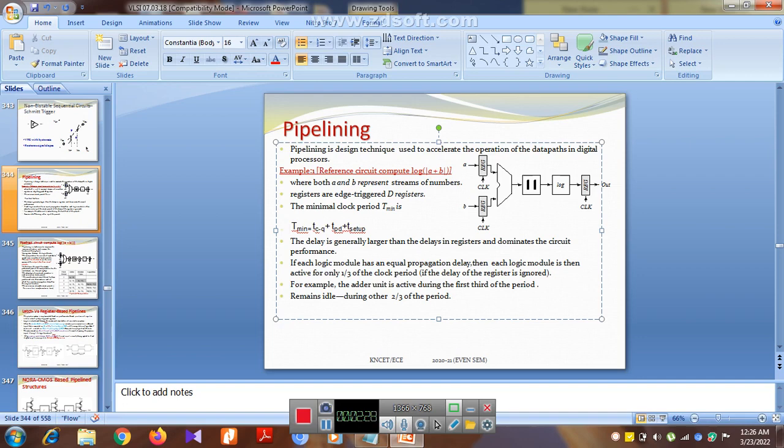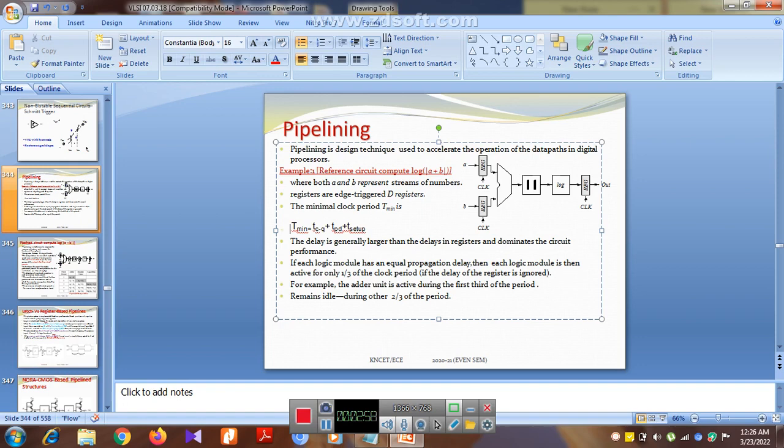If each logic module has an equal propagation delay, then each logic module is active for only 1/3 of the clock period.